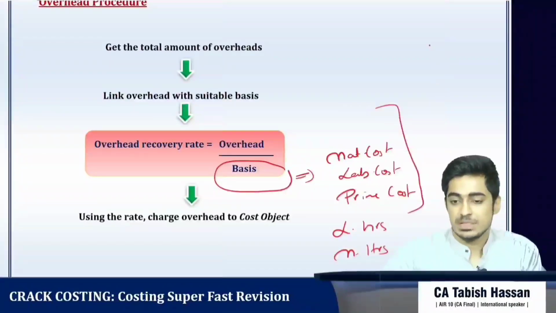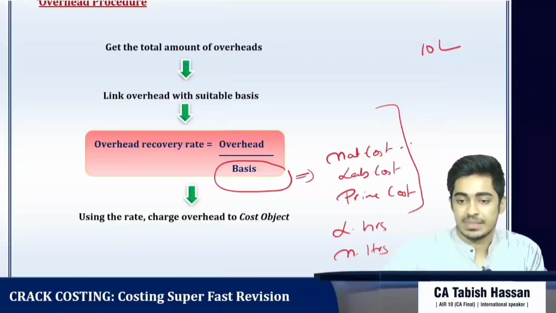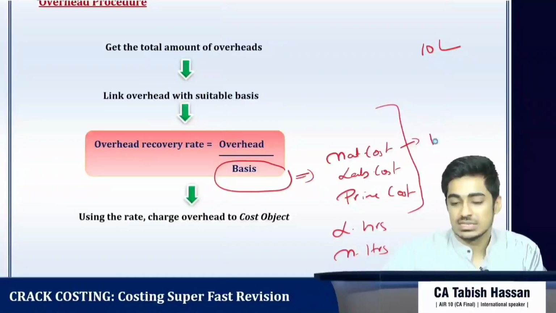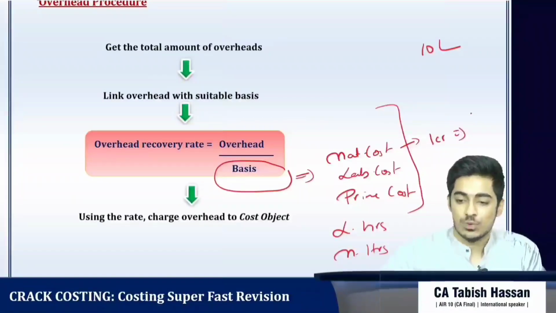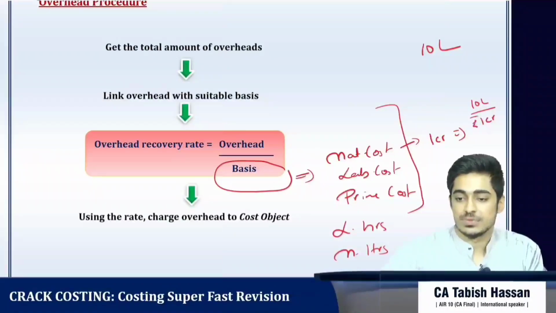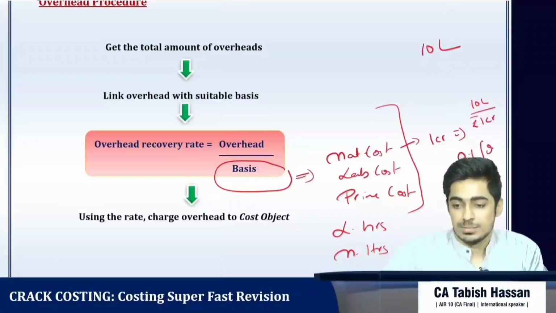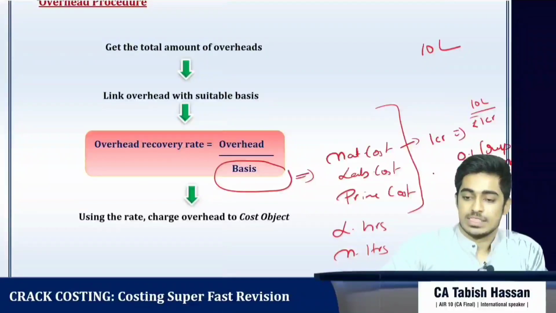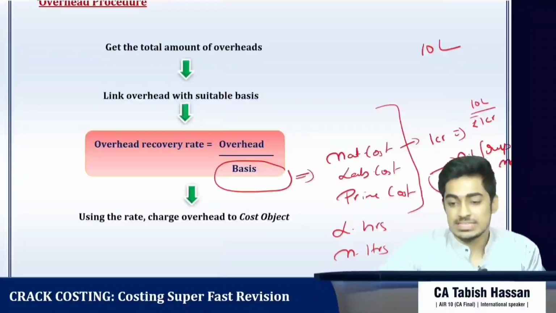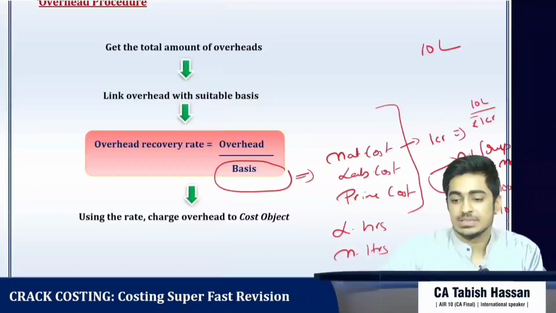Say for example, the overhead is 10 lakh and the material cost is say 1 crore. So how do we do it? 10 lakh divided by 1 crore rupees. So overhead is 0.1 per rupee of material. That's one form to write it. The other way is 10 lakh divided by 1 crore into 100. That is 10% of material cost.